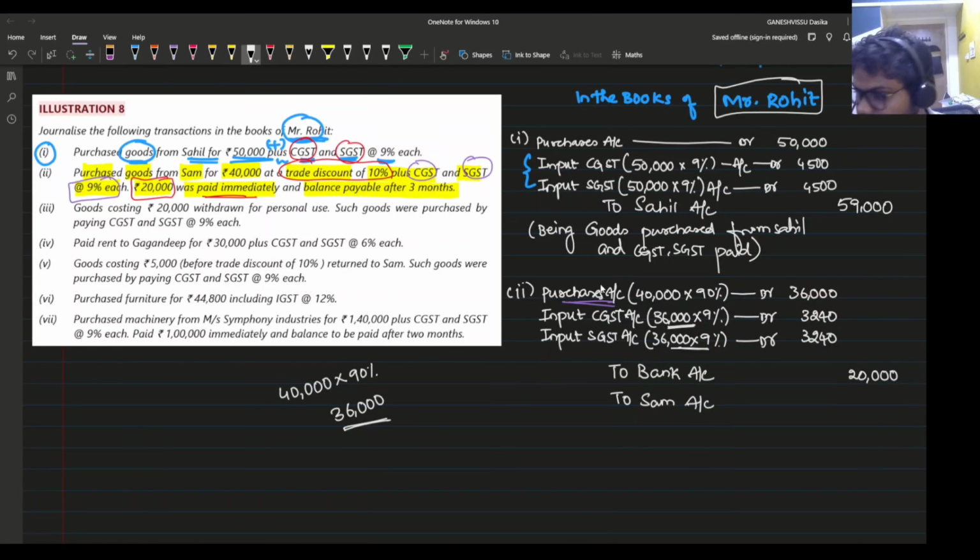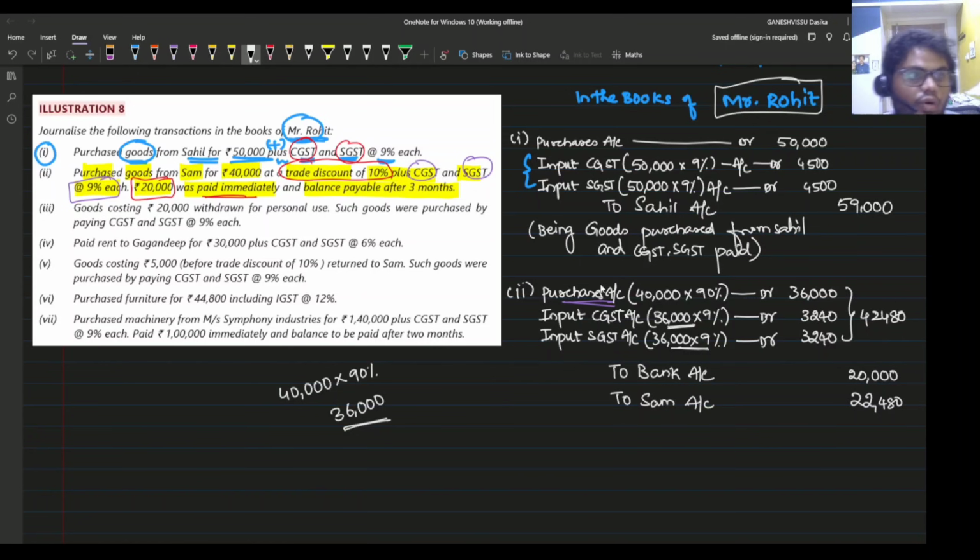Plus 36,000 plus 3,240 would amount to 42,480. So the total amount is 42,480, out of which we are already paying 20,000 in cash. So the remaining amount payable to Sam is 22,480.